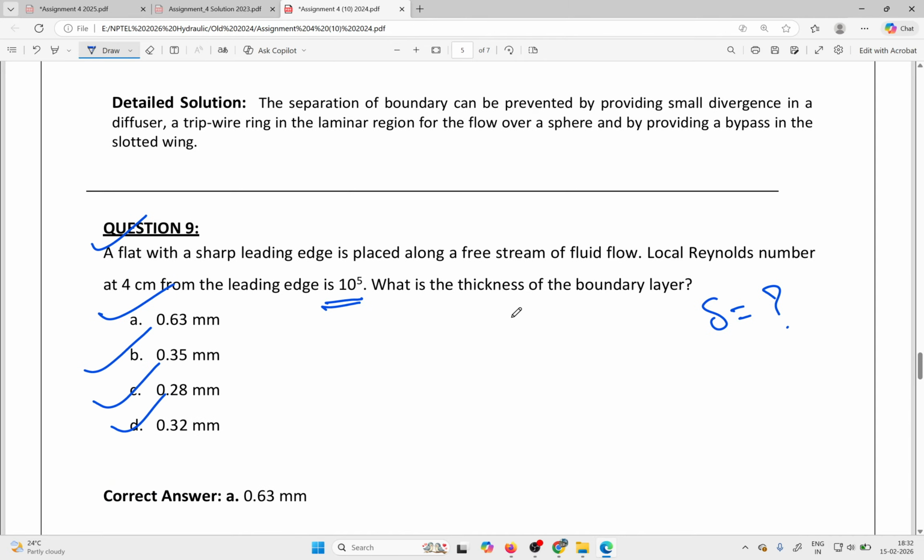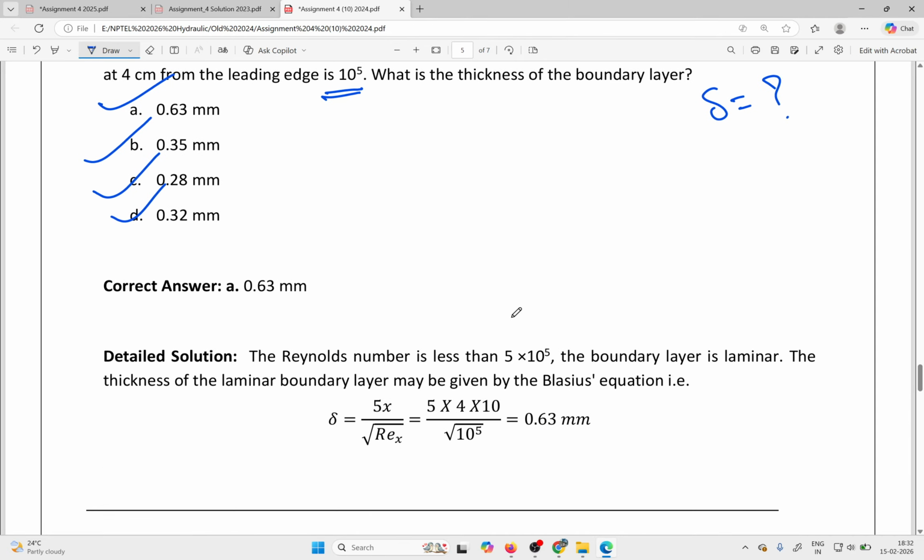Question 9 here. Your option is 0.63, but how? Up to Reynolds number of 5 into 10 to the power 5, your boundary layer is laminar in case of the flat plate. So this is your laminar boundary layer thickness up to 4 centimeter. So your formula is 5x divided by root Re.